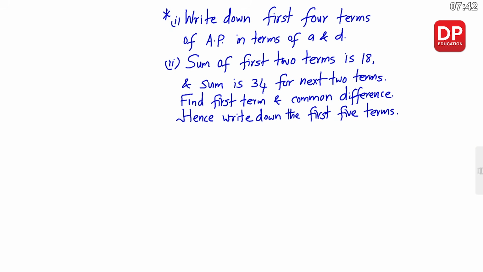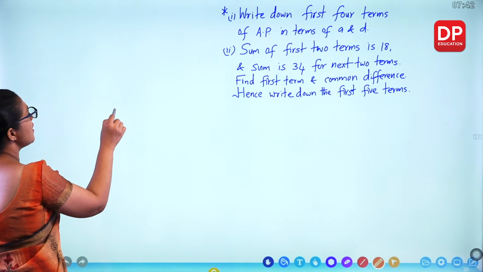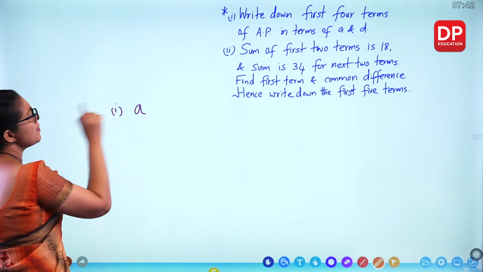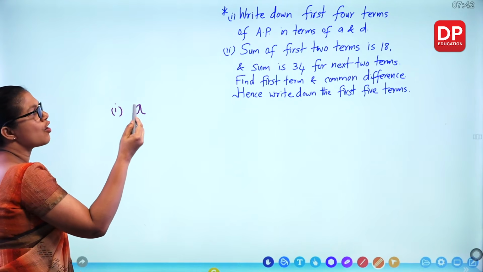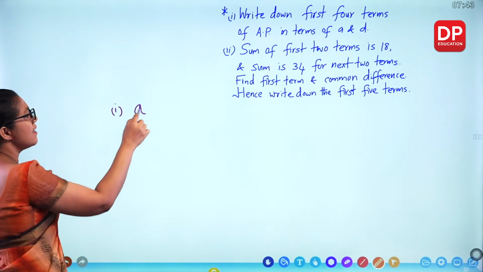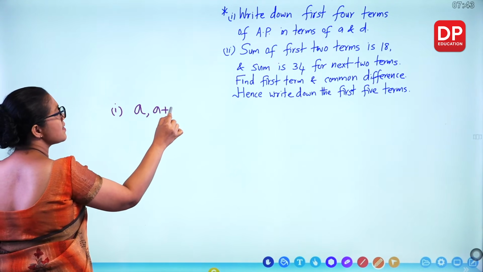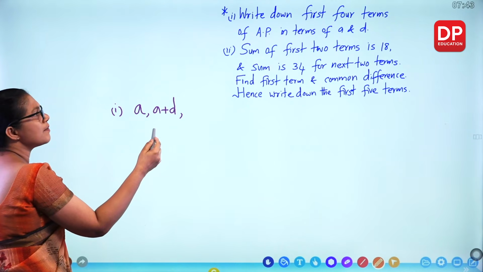Look at this one. Write down the first 4 terms of an arithmetic progression in terms of A and D. So we'll try to write it down. First term is A. If the common difference is D, what is the second term? A plus D. What's the third term?